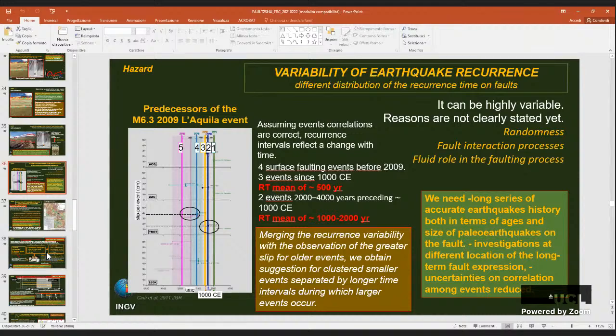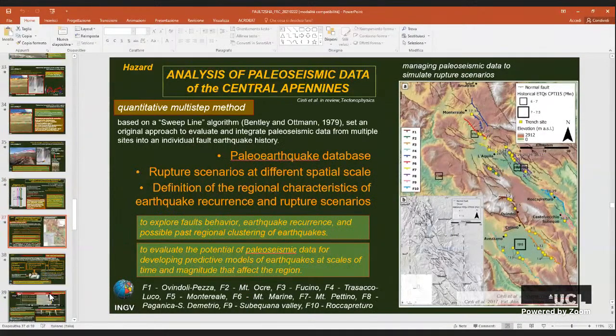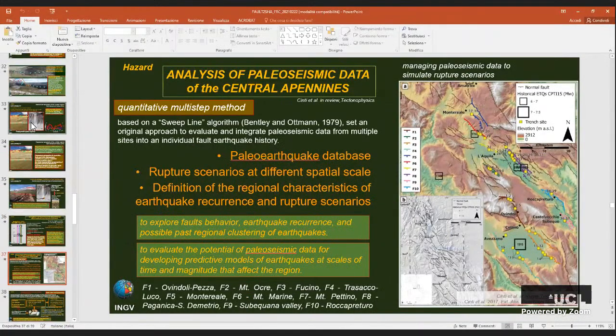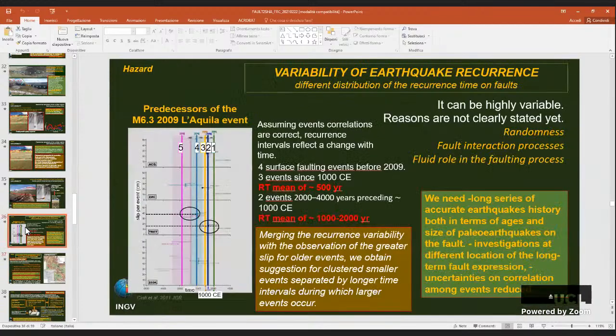It's a little bit related to this same slide, but after the modeling that you have been doing with the data. Here you are telling us that you can see some clustering in the events, so like 500 years and then 1,000 years in between events. With all this data that you have been analyzing in your trench dataset, have you seen if allowing the rupture of 3-4 faults in the same event is provoking a larger time span between events, like a clustering, and then you have more time in between?